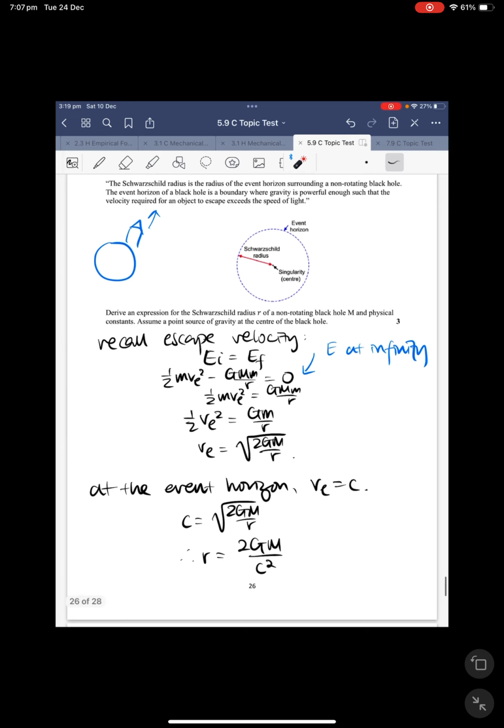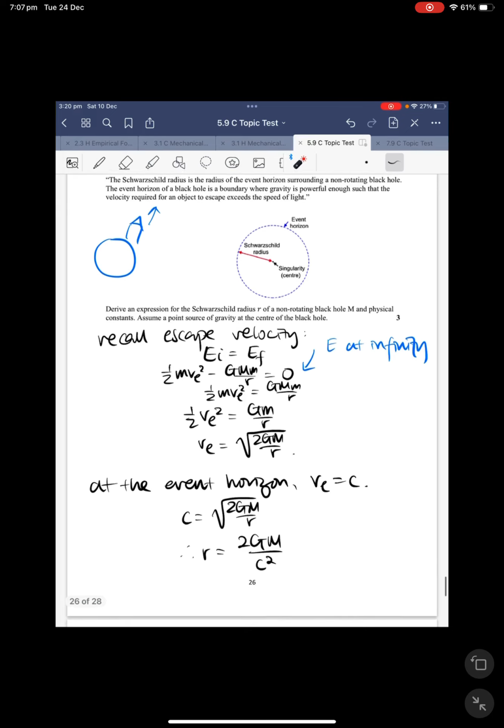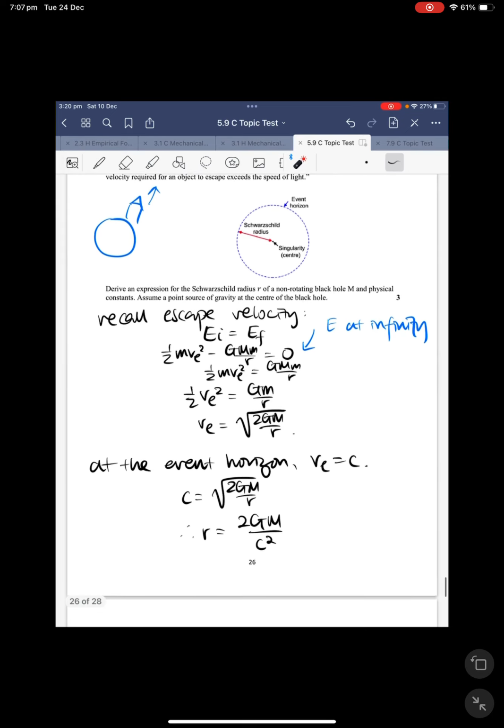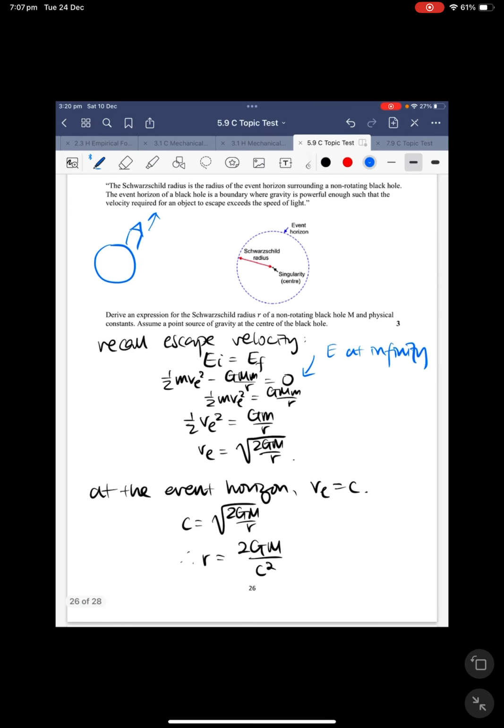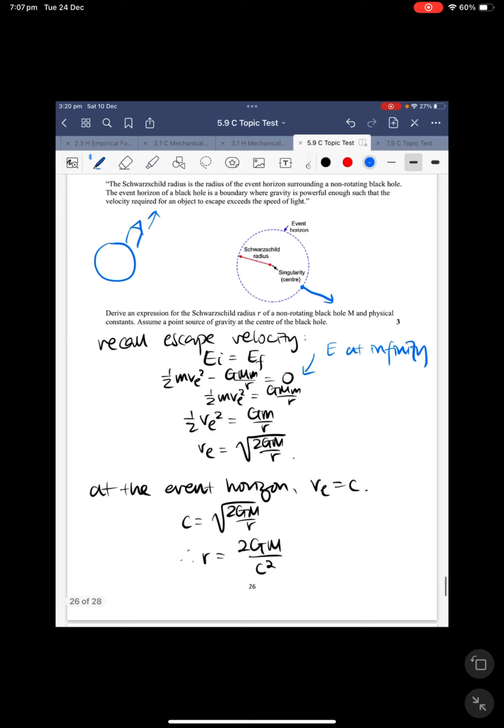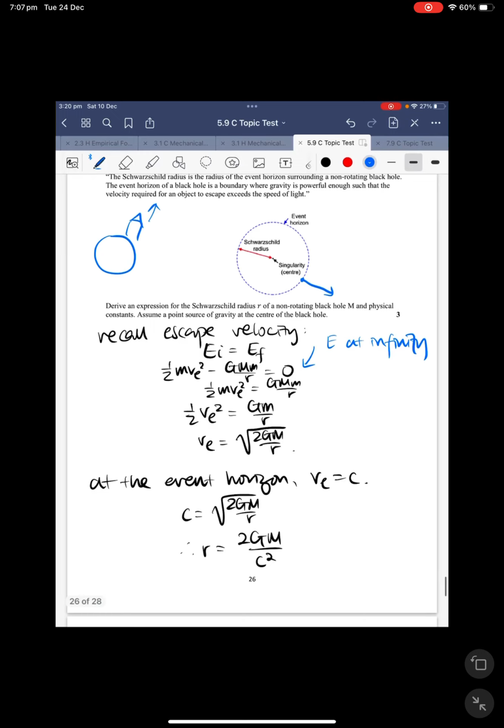Now, if we consider this special case where we're talking about black holes and the speed of light, imagine a particle of light here trying to escape the black hole. We know that light always travels at the speed of light, which we denote in physics using the letter c.